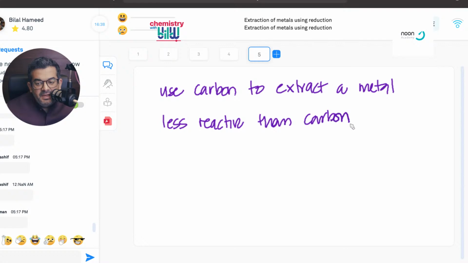Somebody asked me, are we only going to study aluminum and iron's extraction? Those are the examples. You're supposed to know that carbon can be used to extract any metal less reactive than carbon. And the syllabus says to use iron as the example.